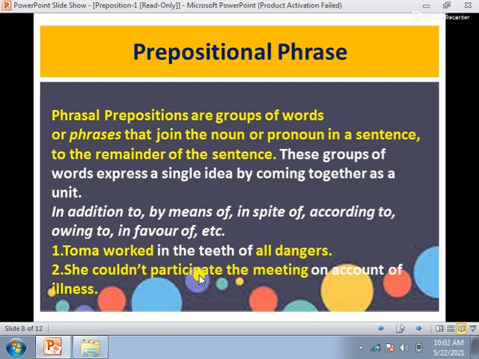She couldn't participate in the meeting on account of illness. So on account of is also a prepositional phrase as it is formed with a combination including a preposition, and it also has a particular meaning. So in the case of a prepositional phrase, there must be a preposition. It can appear at the beginning of the sentence or at the later portion of the sentence.